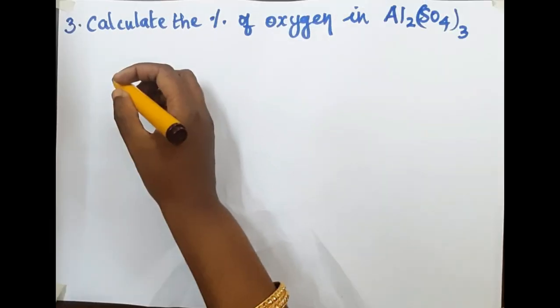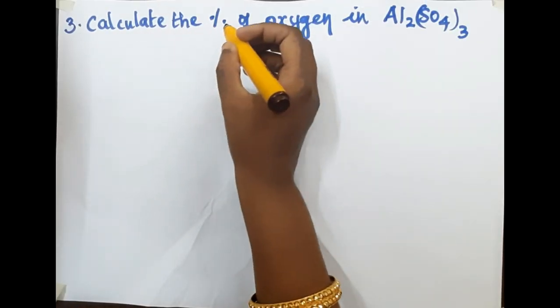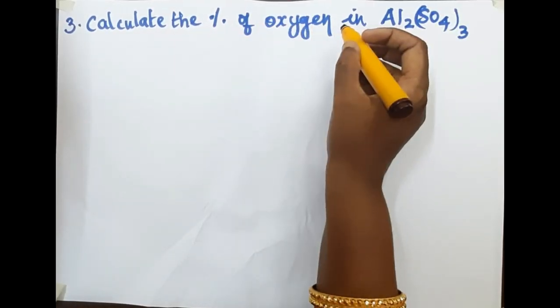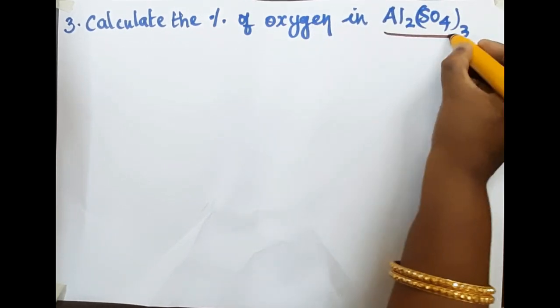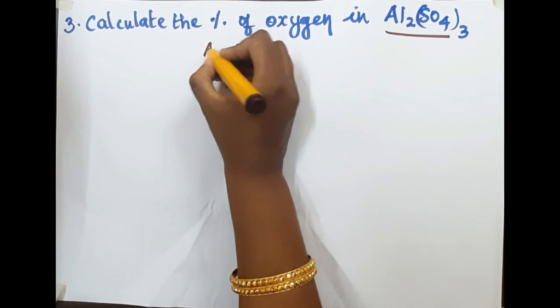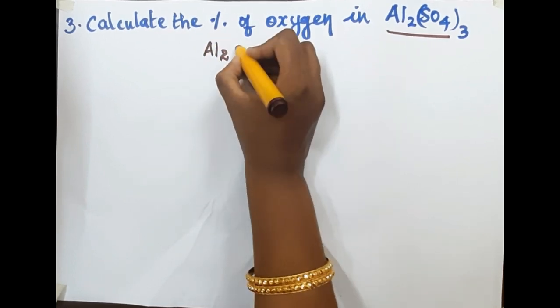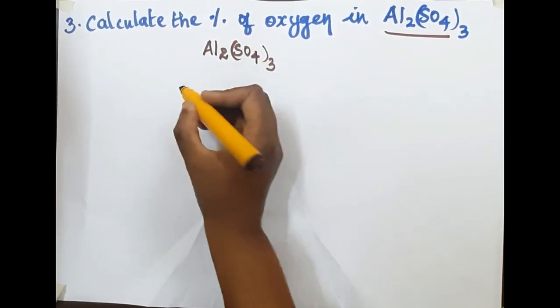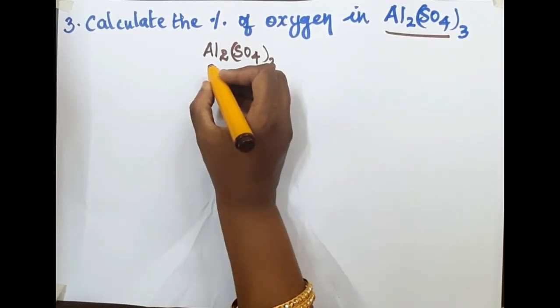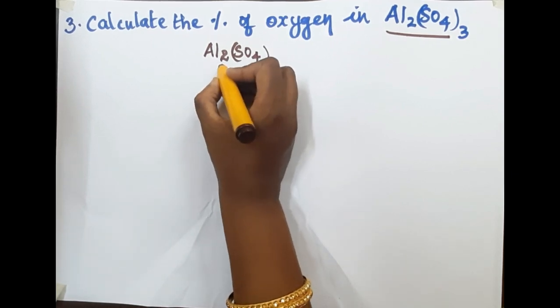The next question is, calculate the percentage of oxygen in Al2(SO4)3. Children, this is a complicated formula. Let me explain. Al2(SO4)3. Now, how many Al atoms are there? Al is 2.